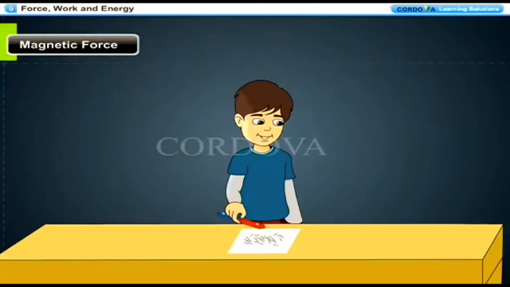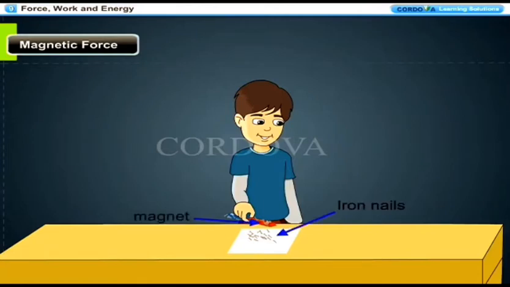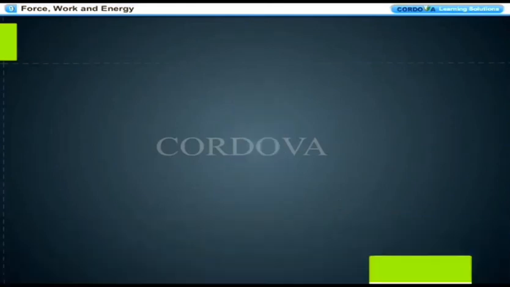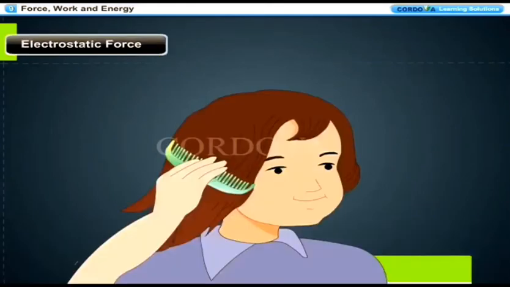Magnetic force. When we bring a magnet near iron nails, the magnet attracts the nails because the magnet has a force that attracts the iron nails. The force applied by a magnet on an object is called magnetic force or magnetism. Electrostatic force.